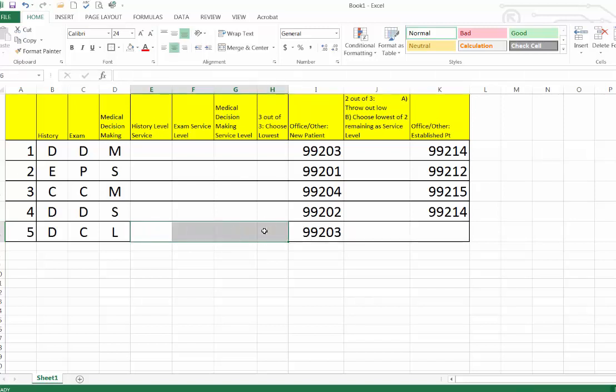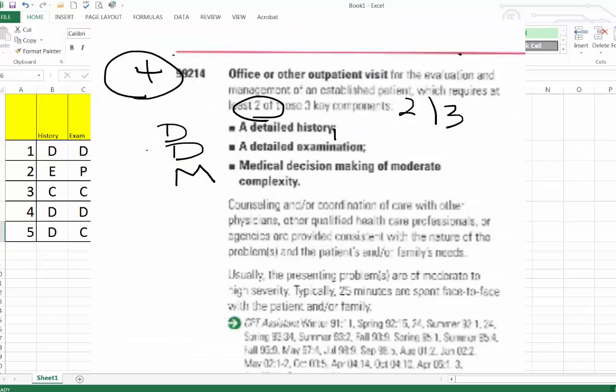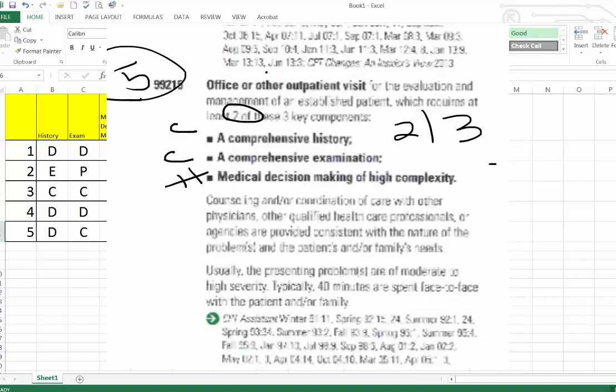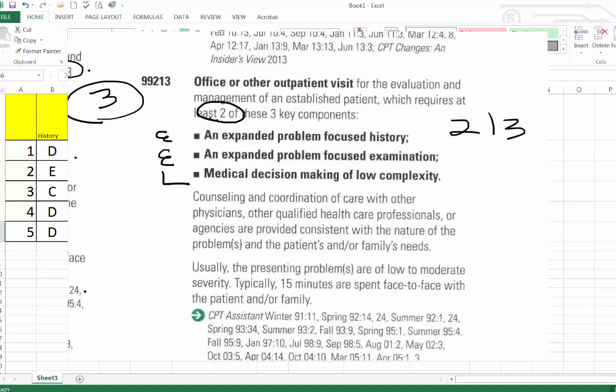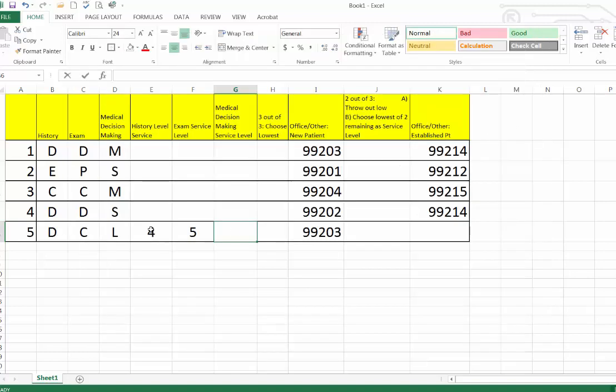Let's go to established patient, the same ones, D, C, and L. So detailed history, established patient, is a service level 4. No duplication. Comprehensive exam is a service level 5. There's no duplication. Low complexity decision making is a service level 3.